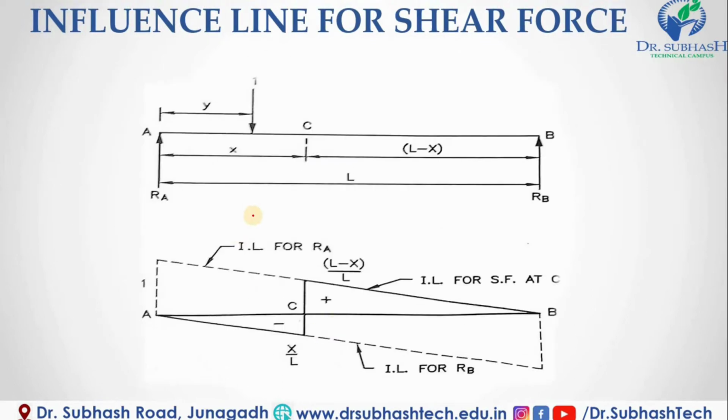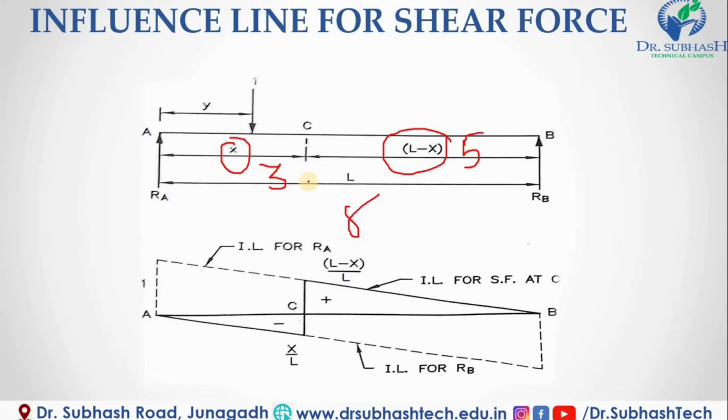In the same way, we now calculate the portion of RA. I will draw the dotted line. This is the shape of RA and this is the shape of RB. In between, where they cut in the opposite direction, it creates the shear force at any section. You might draw it anywhere in this span 0 to L, at distance X. So here X varies, and L minus X also varies, while the unit load and section are fixed. Suppose the section is at 3 meters and the total span is 8, then L minus X is 5.